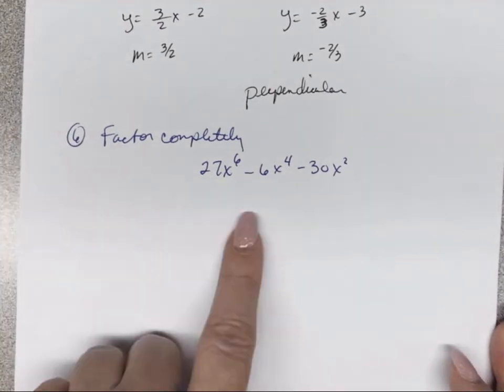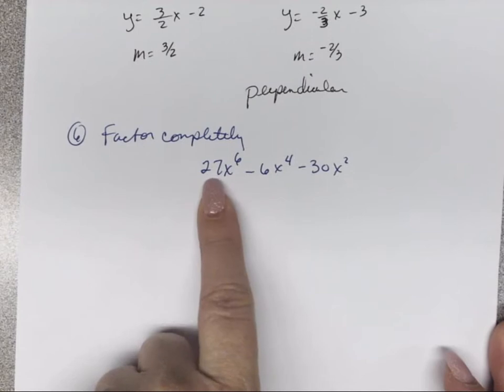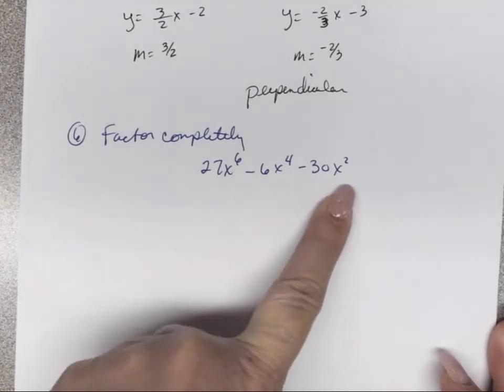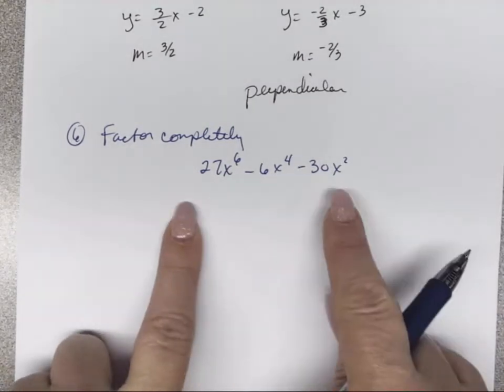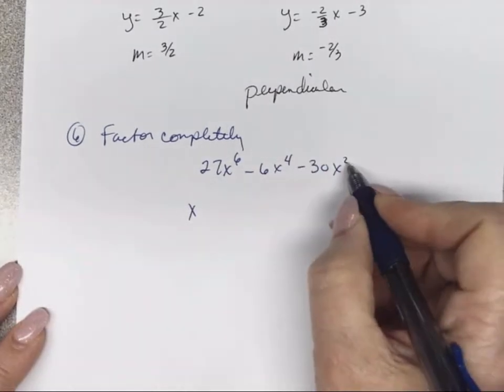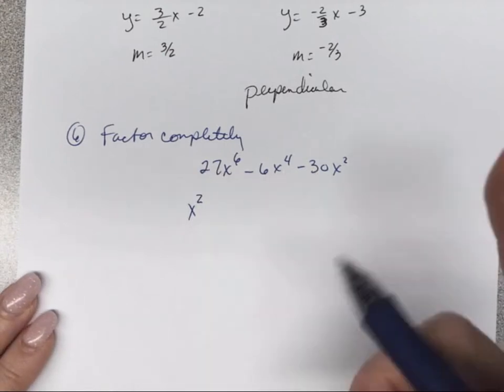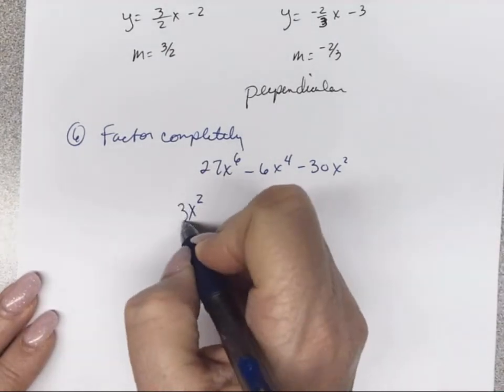So this is not something we can do the AC method with because it's not a squared term. So we want to see if there's a GCF going on here. Well, they all have x's, so I can pull out the smallest exponent, so x squared, and between 27, 6, and 30, they are all divisible by 3.